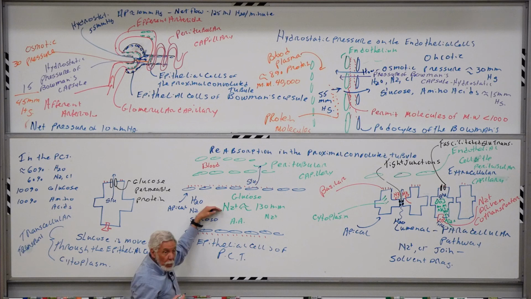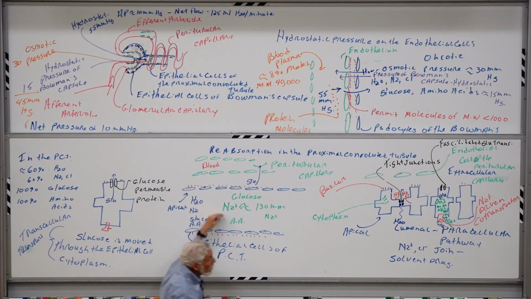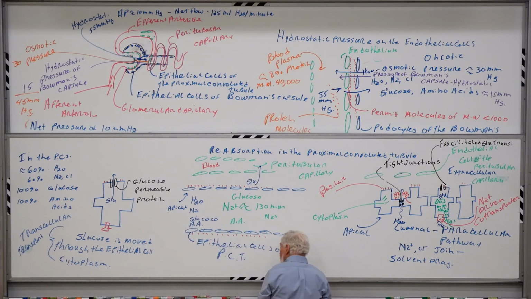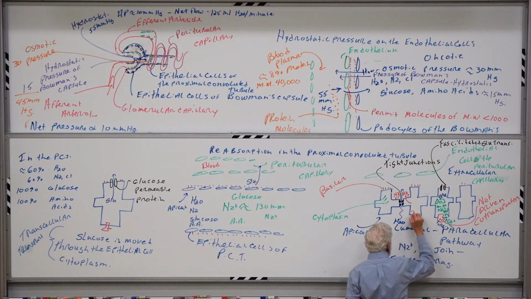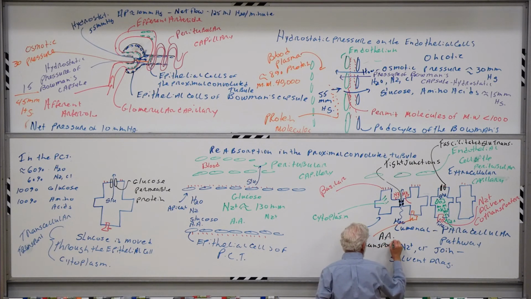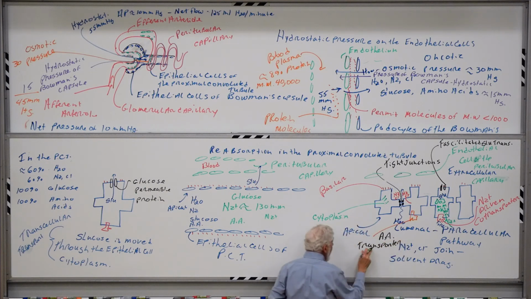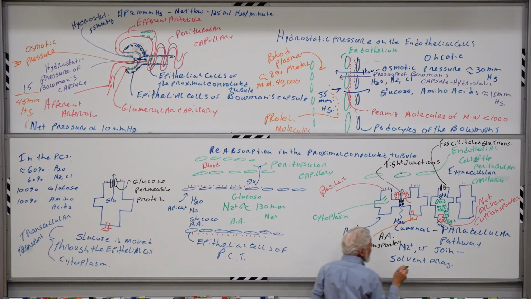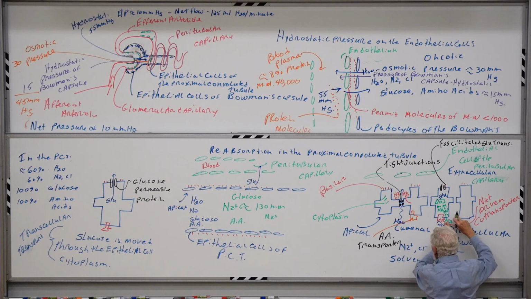in the peritubular capillary. We can pretty much do the same thing, and let me put this in as a different color protein, because there are a series of other related proteins. And this is intended to be an amino acid transporter. The amino acid transporter does the same thing as the glucose transporter.